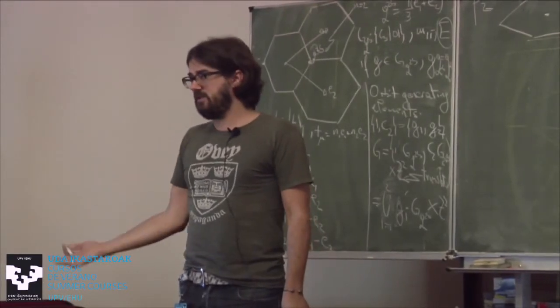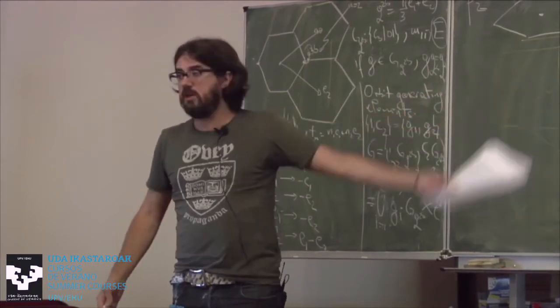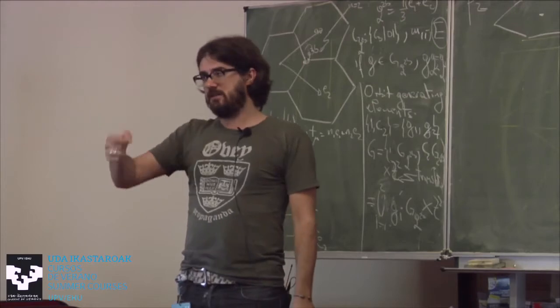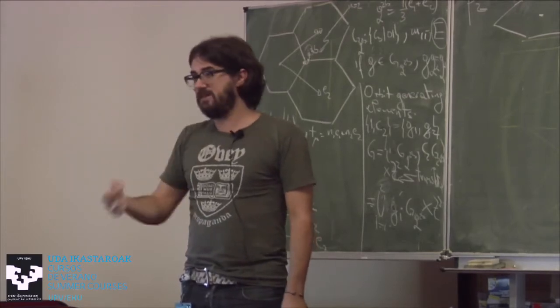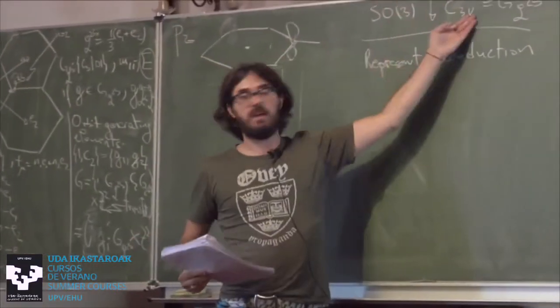If you know the symmetries of the high symmetry group, which in this case we know the symmetries of the SO(3), it has px, py, pz orbitals. All we need to do is just consider the elements of the lower subgroup and particularize the representations of this group to the elements of this group.